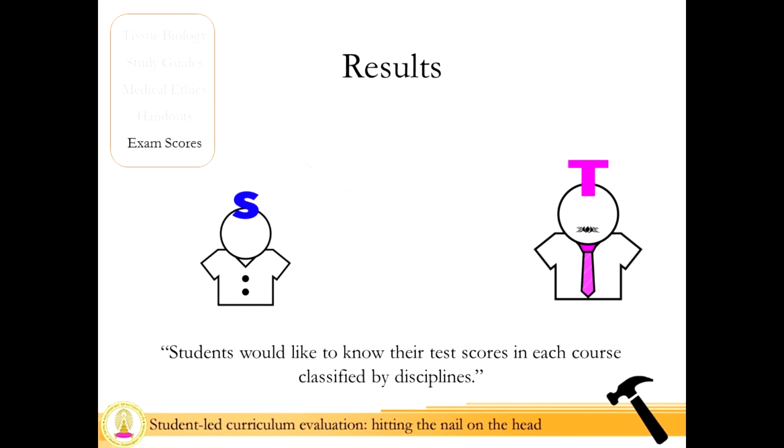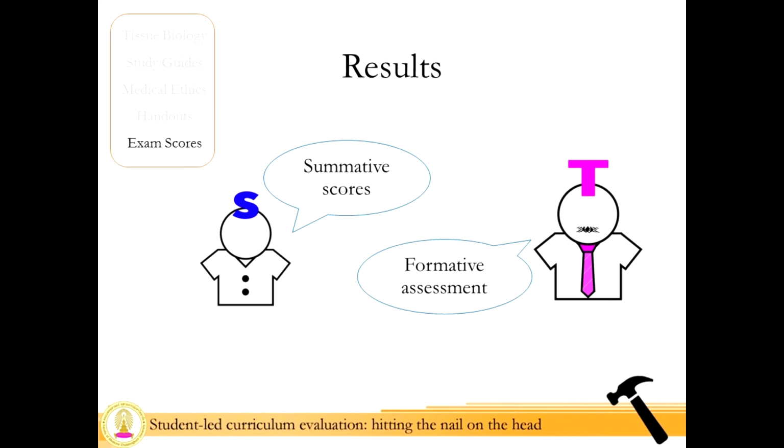When we raised this issue in the curriculum committee, we expected feedback after the assessment. However, we were informed that the end of course assessment is intentionally summative, not formative, and each course committee has already organized formative assessment separately for students. This explanation helps us look at the same issue from another perspective, the teacher's perspective, which might not happen if students' representatives were not in the curriculum committee.